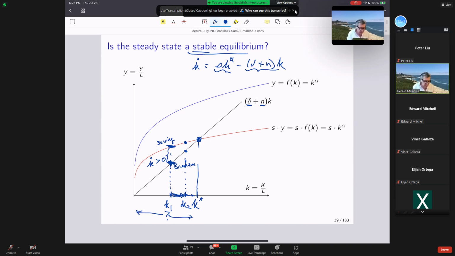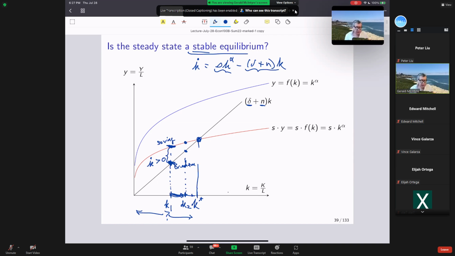So you've got extra saved resources that can go to increase the capital stock per worker. You're not standing still anymore. You've saved more than is necessary just to break even, and the extra amount can go to increase everybody's capital stock, the capital stock per worker.